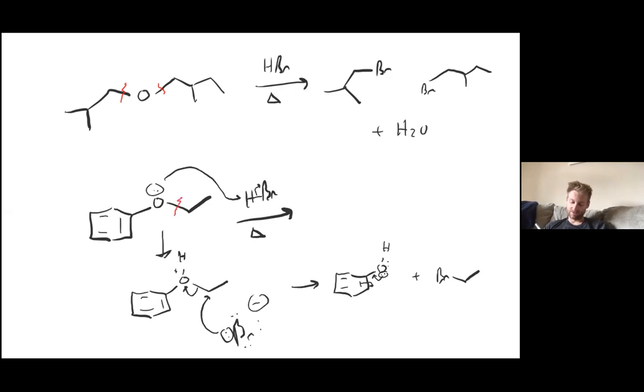Our sp2 center to that aromatic ring is going to remain as is. So pretty straightforward alternative. If you have an aromatic ring on one side, it's only going to break your bond on your sp3 center. If you had two aromatic rings, this is just going to give you no reaction.